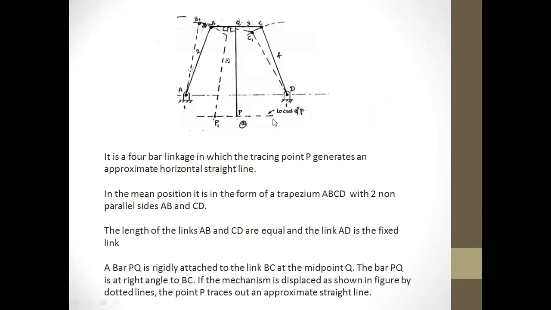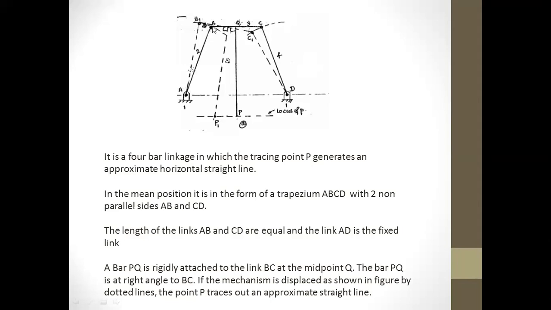So how is it possible? Here you can see there is a trapezium ABCD. This is the mean position, the center position. The trapezium ABCD has parallel sides as well as non-parallel sides, AB and CD.